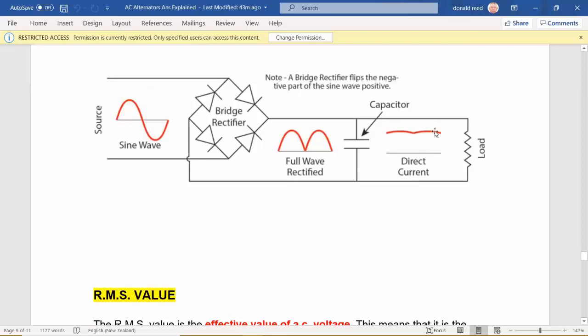It's got a little ripple in it. Use more capacitors and we should get it even more flat, okay? So the difference is that and that. That's a ripple, that is pulsating. And the reason it's pulsating, it's actually switching off, whereas this is not switching off at all.